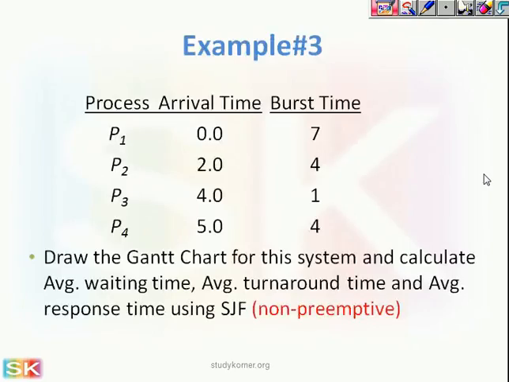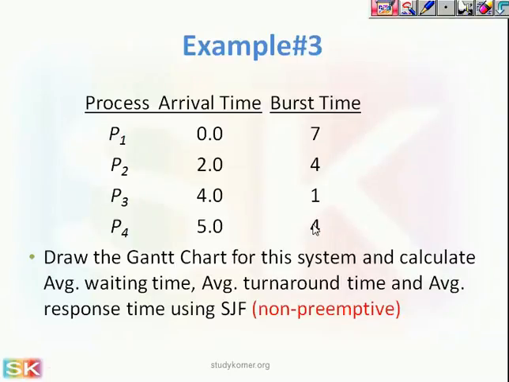Because at time 0 only P1 is there. At time 0 only process P1 is available in the system, right? At present we cannot say that after the 4th second process P3 will come, which will have burst time 1, right?